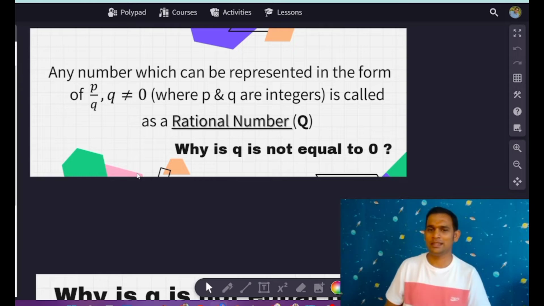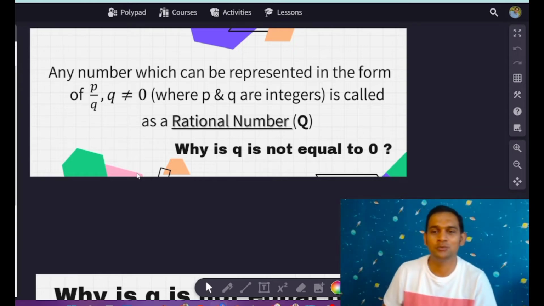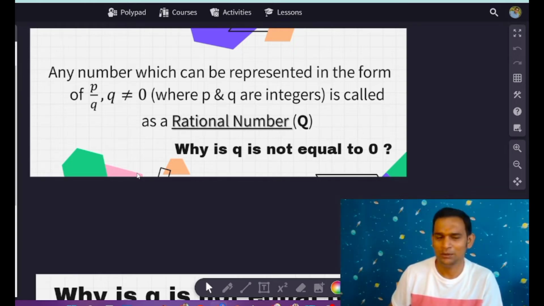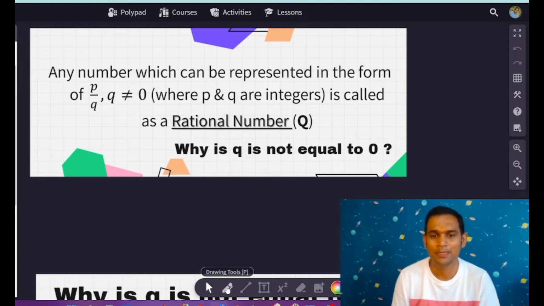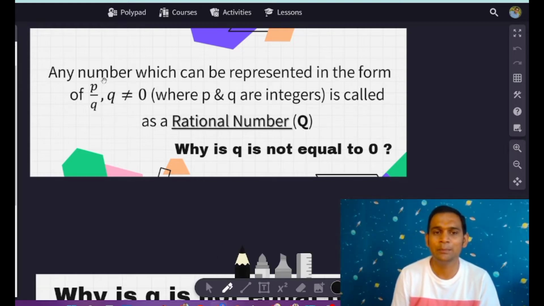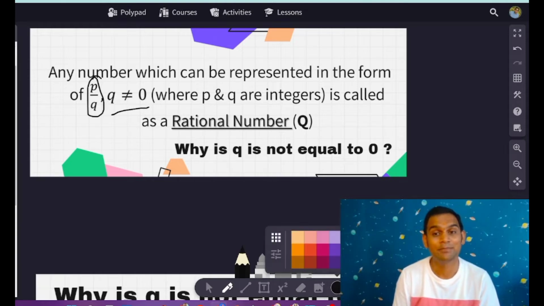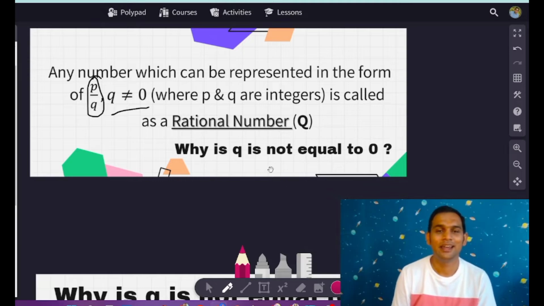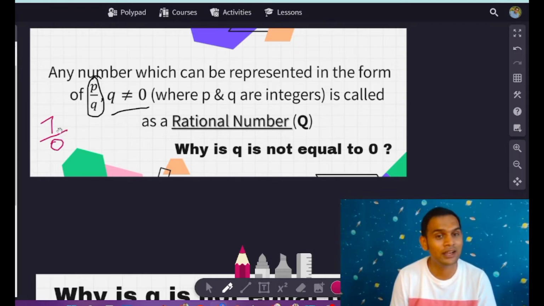Now you might be thinking, why is q not equal to 0? We have p by q, right? And it is clearly mentioned p by q, and q is not equal to 0. What is the reason behind that? Many times you might have been told that whenever you have 0 in the denominator, with any other number like 7 in the numerator, this division is not defined.